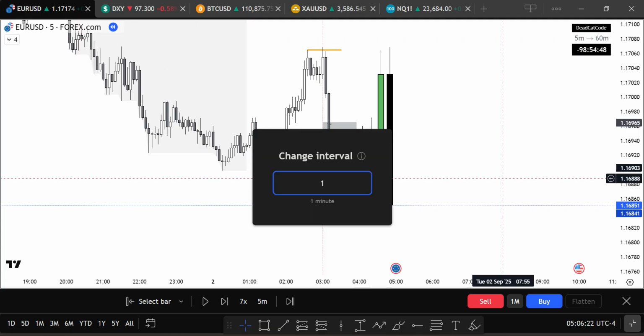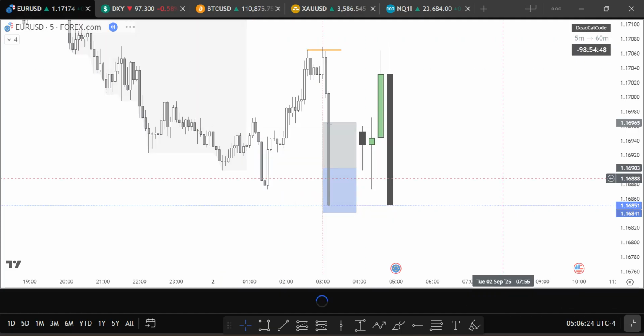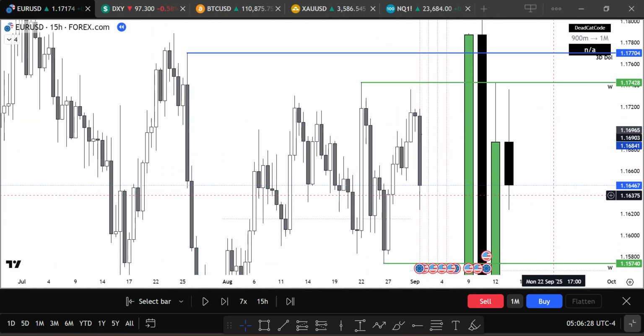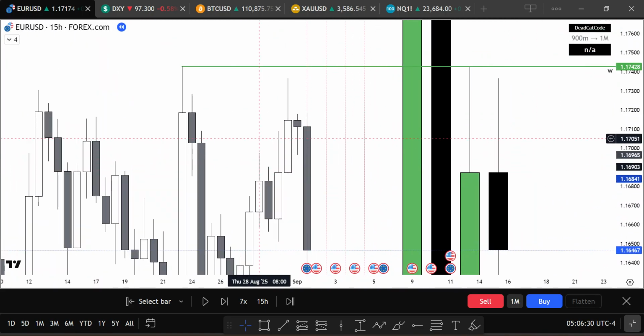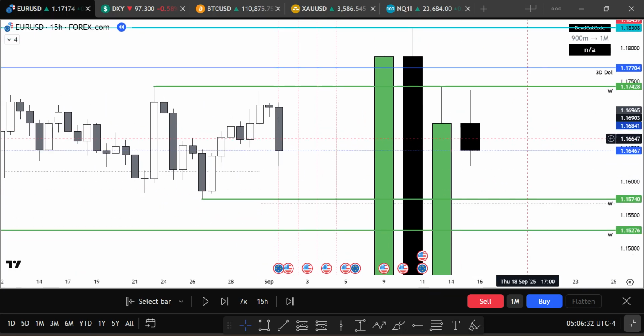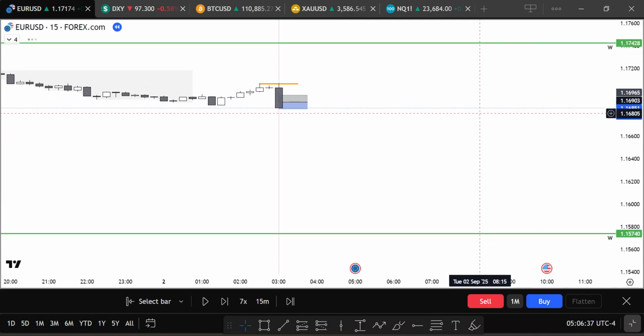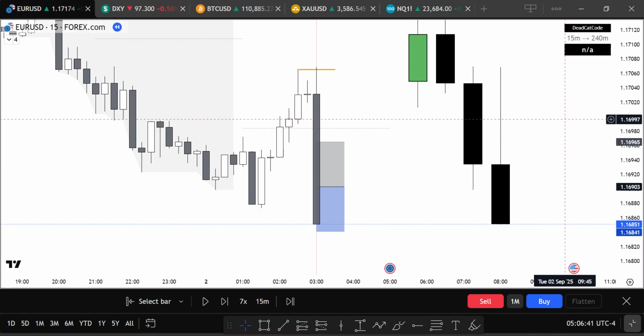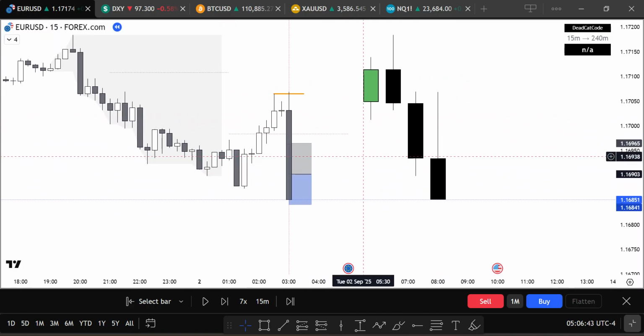Let me show you the higher time frame. Okay, just ignore this move. You can see, sorry, the 15-minute time frame. All right, this is the 15-minute time frame, right?